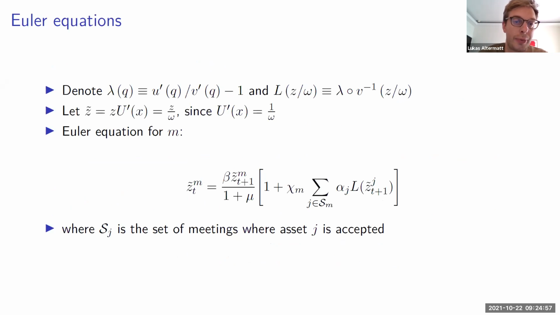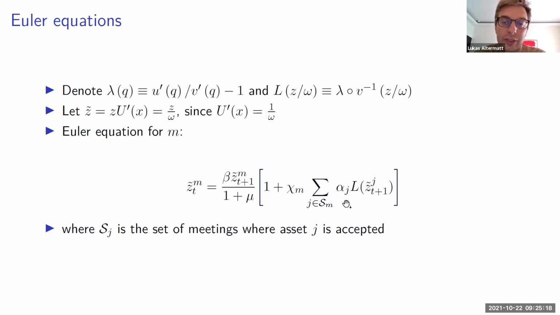Okay, here's the definition of equilibrium, but more importantly, here's the Euler equation for money. So the liquidity value of money is given by the discount factor beta over the inflation rate times the value of money tomorrow, and then the term in brackets basically captures liquidity.